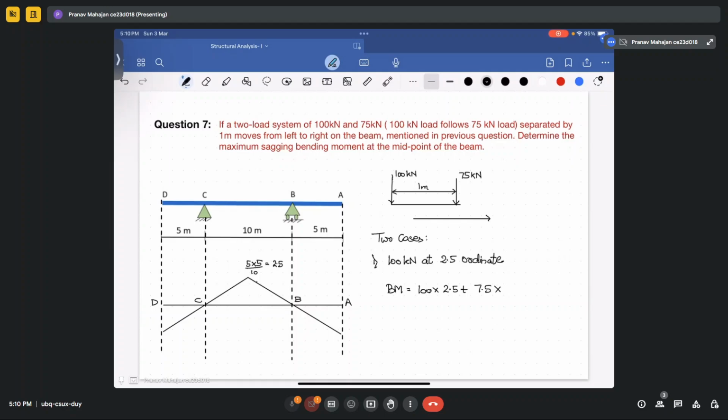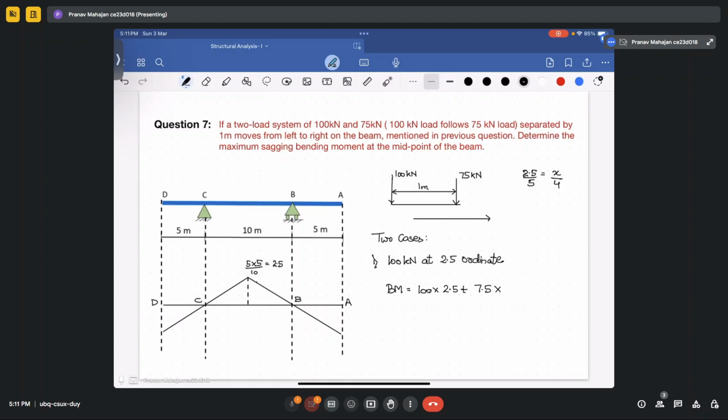So from 2.5 to 5, what will be this value?